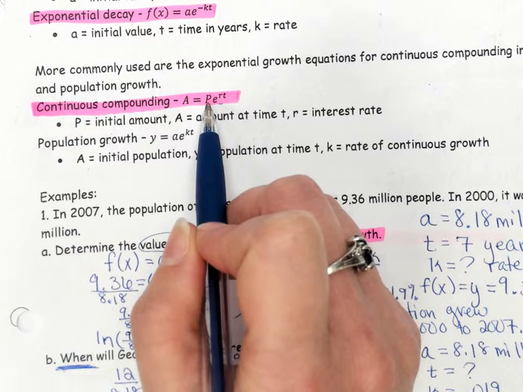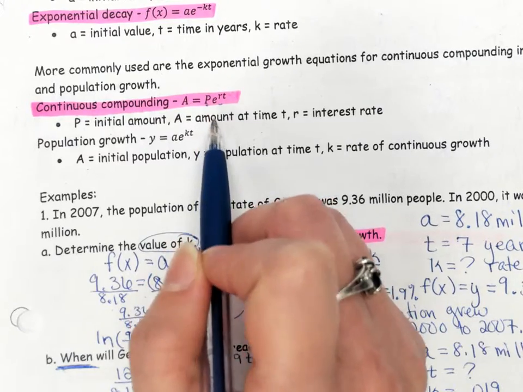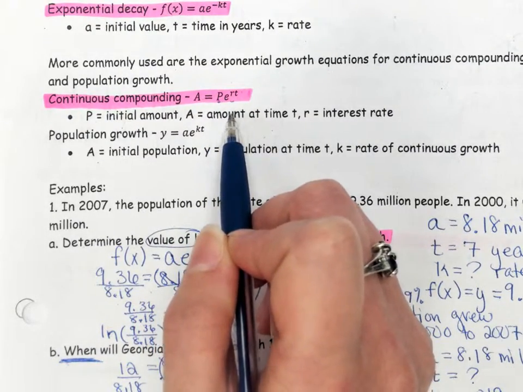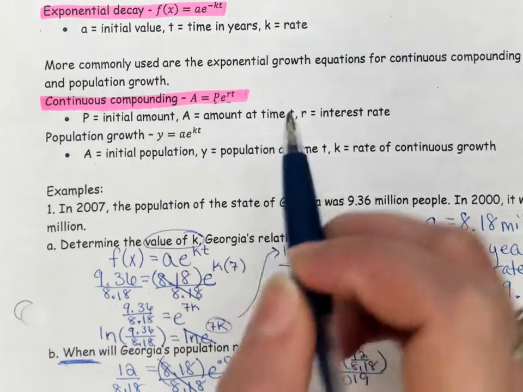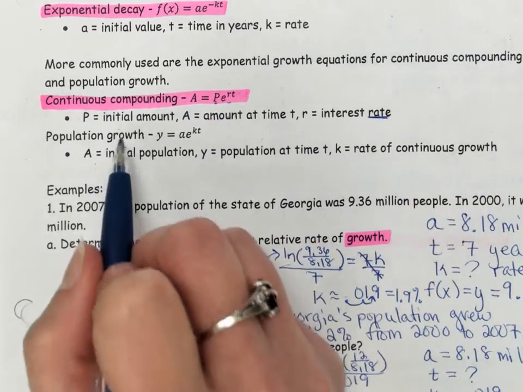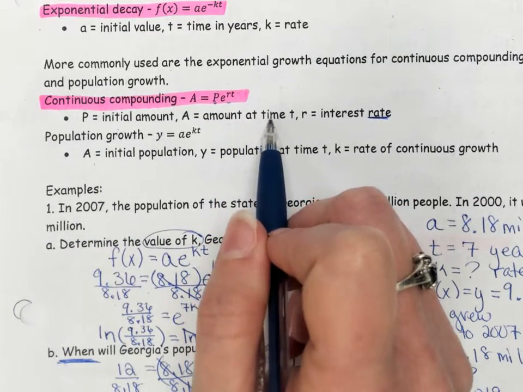It's P. What is the final amount at the time they give you? That's A. R is still the interest rate, and the T is still the time. Does that make sense to everybody? Same thing, basically, just different letters.